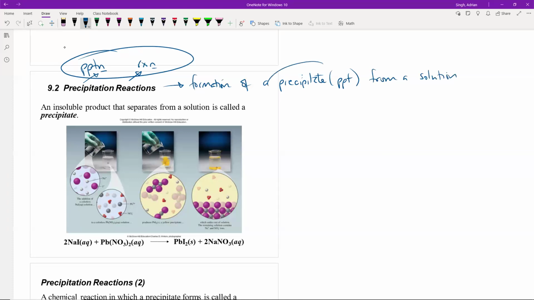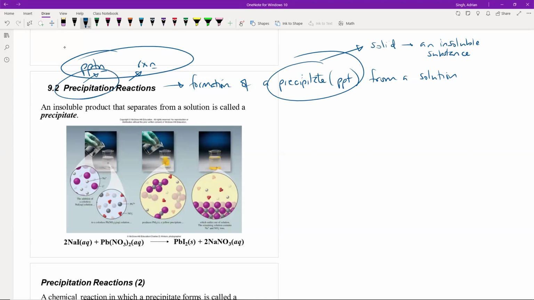Okay, and what a precipitate is, is just a solid. And a solid is nothing more than something that is insoluble, but does not dissolve in that solution, an insoluble substance. So if you mix two solutions together and you see a solid being produced, that is a precipitation reaction.